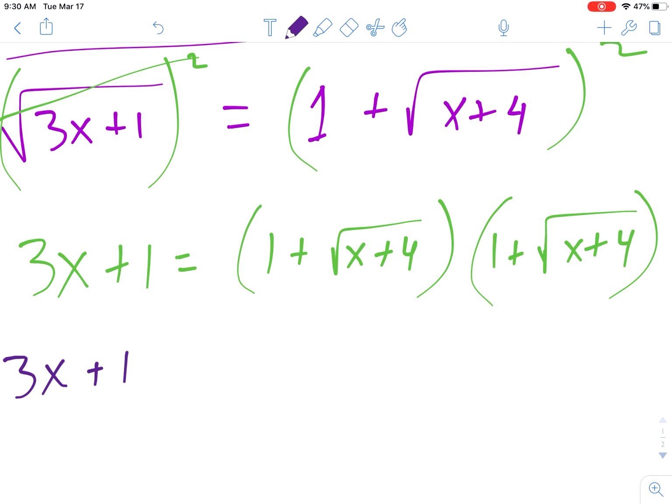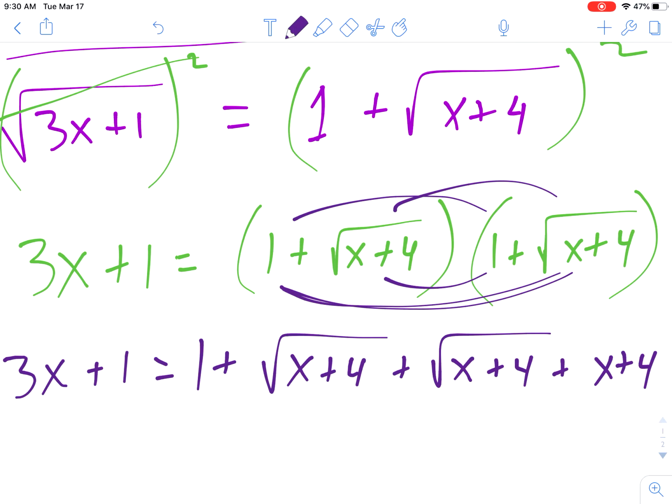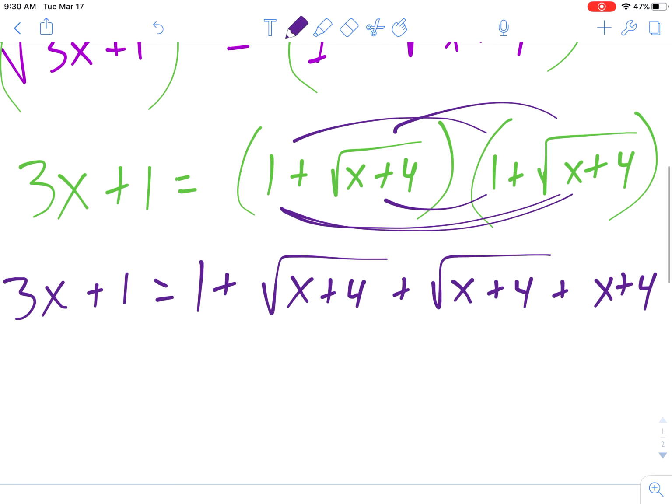The left side is just still going to be 3x plus 1, and we start multiplying. So 1 times the square root of x plus 4 is just the square root of x plus 4. Same thing here. And then this one comes out to be x plus 4. Square root of x plus 4 times itself is just x plus 4.